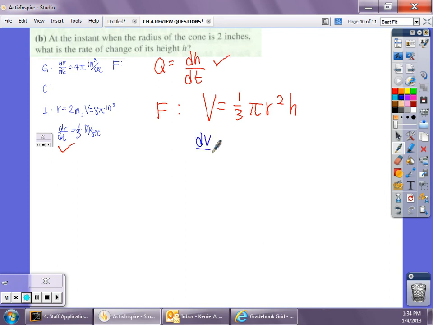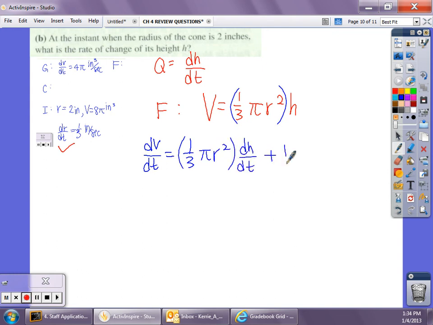So I'm going to do dV/dt. I'm going to actually need more space than that, so let me back up a little bit. dV/dt equals, leave the first, derivative of the second, plus leave the second times the derivative of the first.